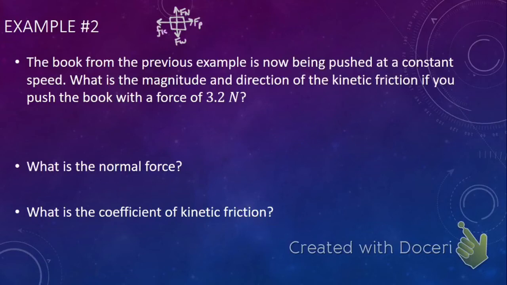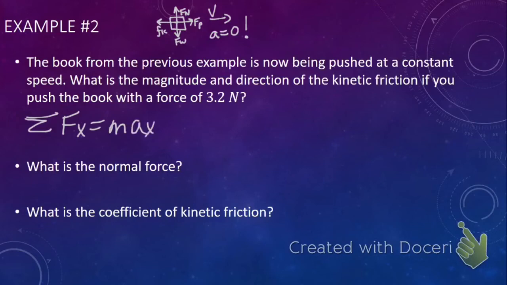I do want to add to this particular problem the fact that we do have a velocity and it is moving to the right. We're going to say it's in the positive direction. But I also want to note the fact that it is being pushed at a constant speed. If you have a constant speed, we know that our acceleration is equal to 0 again. So we want to know the magnitude and direction of the kinetic friction if you push the book with this particular force. So the sum of our forces in the x direction is equal to the mass times the acceleration in the x direction.